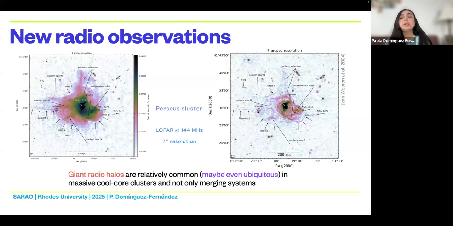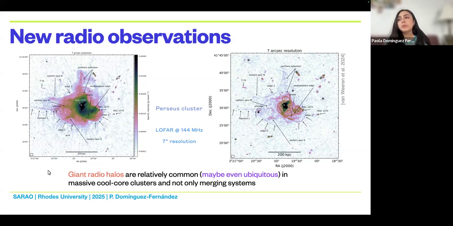Another thing that is kind of new is this example over here. Here you can see an observation of the Perseus cluster. This was observed by Reinout van Weeren with LOFAR, so probably you are also familiar with this observation. In this new observation, they detect a giant radio halo.